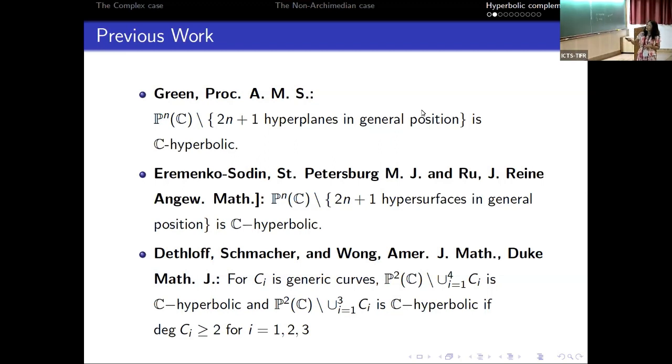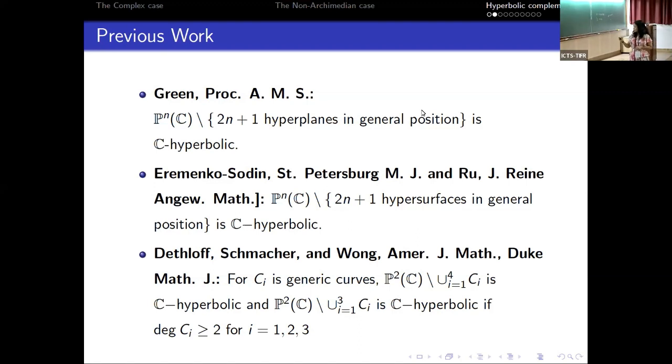So Green says that the complement of 2n plus 1 hyperplanes in general position is Brody hyperbolic in the complex case. And then Eremenko-Sodin also proved that the complement of 2n plus 1 hypersurfaces. So here it is hyperplanes and here it is replaced by hypersurfaces, and the two papers appeared at the same time and independently. They only use different methods but get the same result.